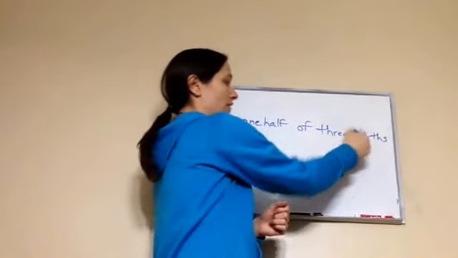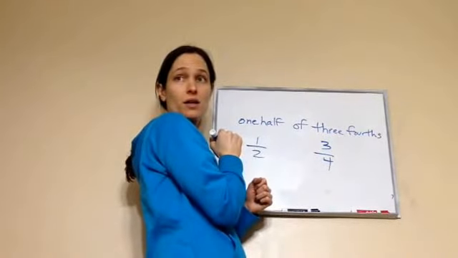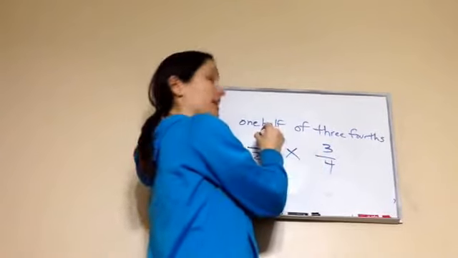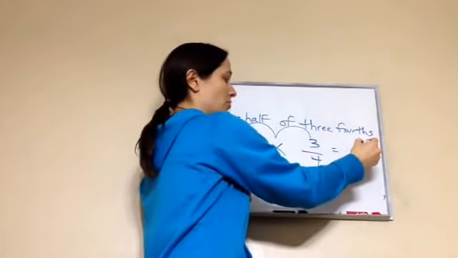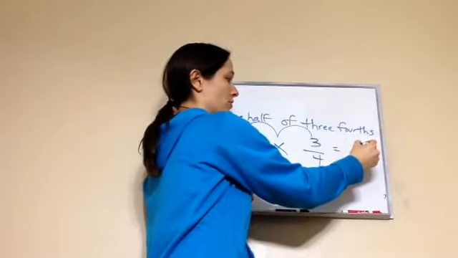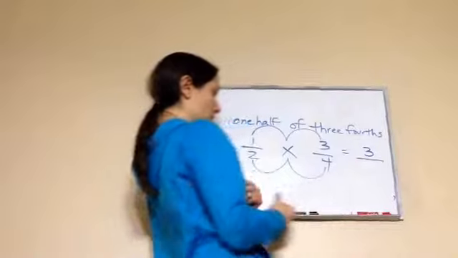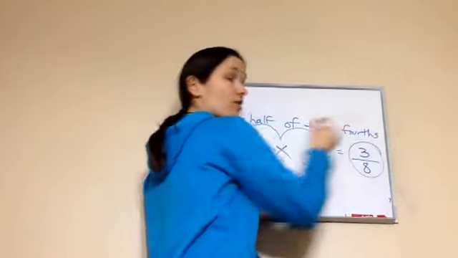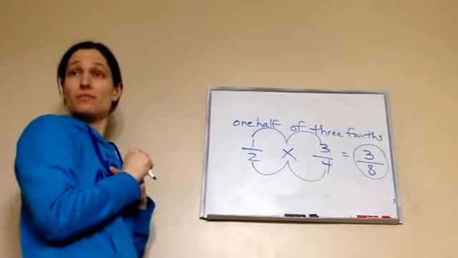Okay. 3/4. And what does of mean? Times. Very good. So what is 1/2 of 3/4? Let's do it mathematically. Tell me the numerator answer. That would be 3. Very good. And the denominator? That would be 8. Very good. Our answer would have been broken up into 8 pieces and have 3 of them. Got it? All right.